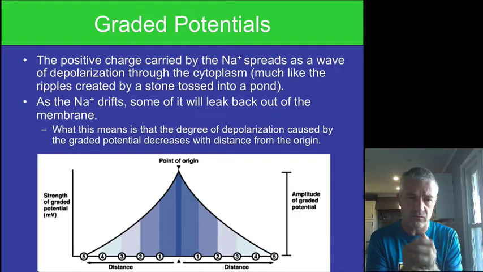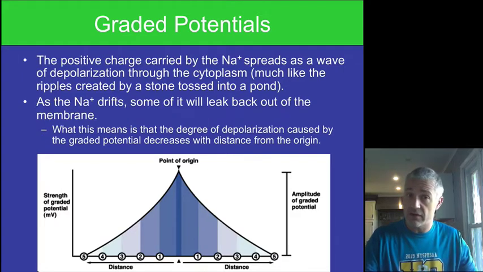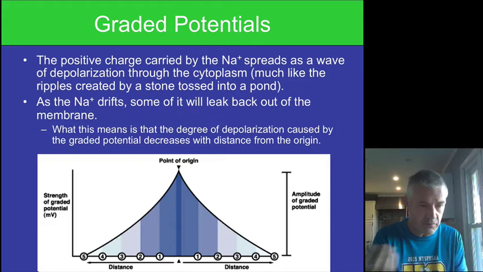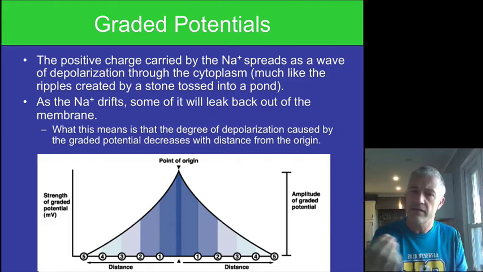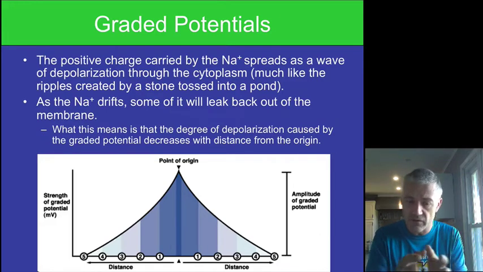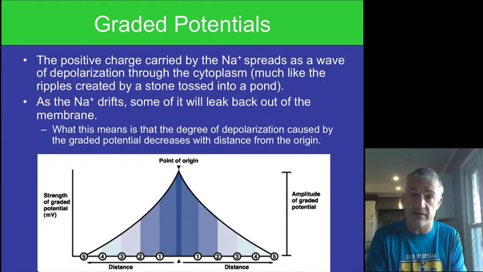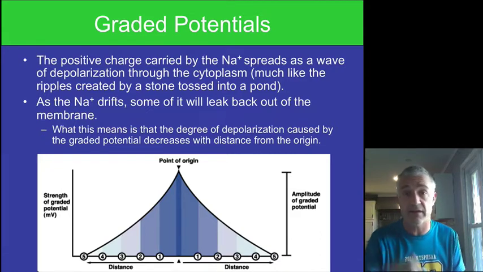We get this local change, so these ions are going to flood in there. And again, they're going to diffuse out. So overall, they're going to reduce the electrical potential across that membrane some minor amount. It's going to be weaker the further it gets from where it's going in, just like if you're standing right next to the door, the wave of cold air is going to be much colder than if you're on the other end of the house.